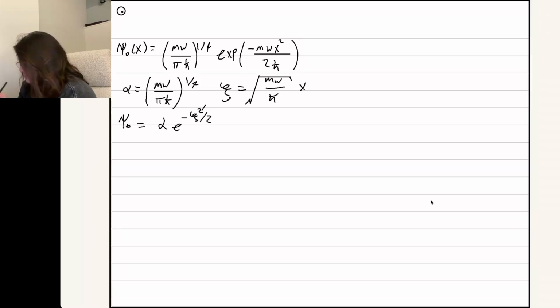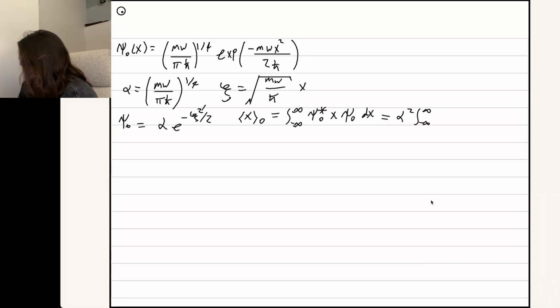And with that, we'll simplify the process of finding the ground state expectation value of position, defined as the integral over all space of the complex conjugate times x times the wave function dx. So it's going to look like alpha squared times that integral.